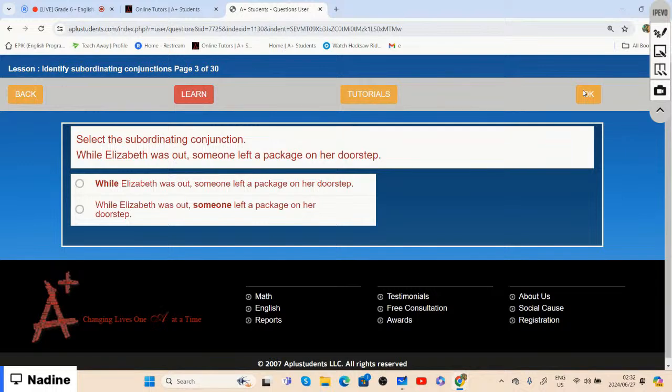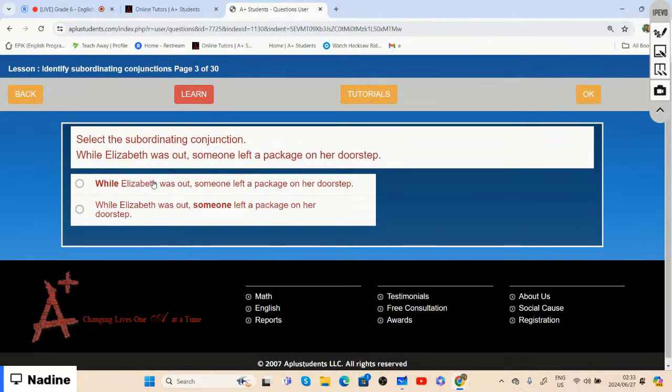So we need to choose our correct option, whether it is while or someone, a subordinating conjunction. And if we were to choose the correct one, we will say it is while.